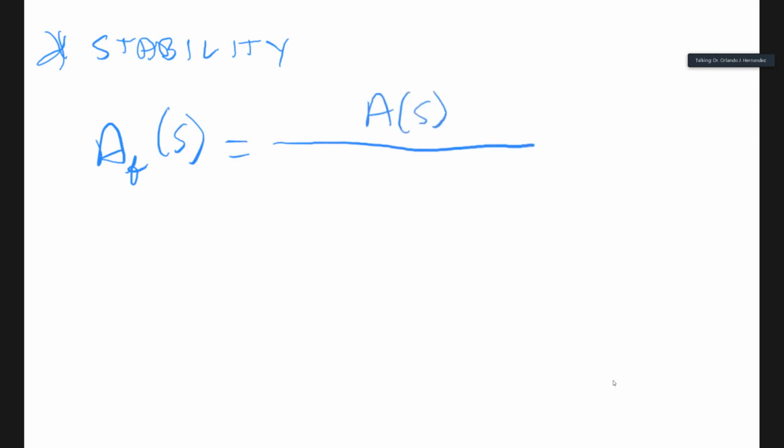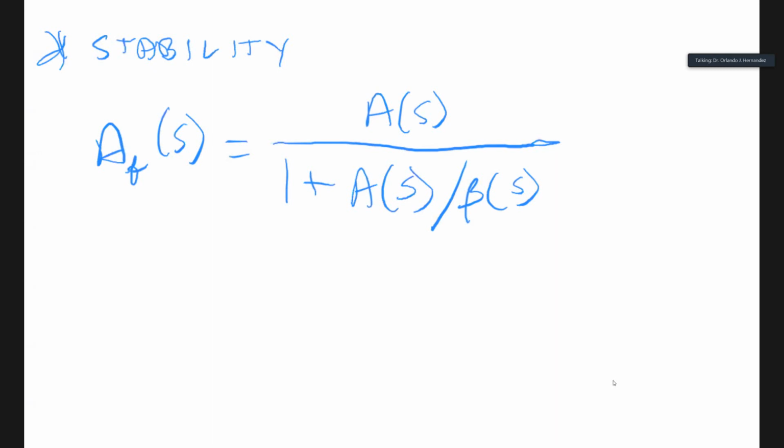But now we're going to say that our beta network also depends on frequency. So now it's a function of S. Okay?